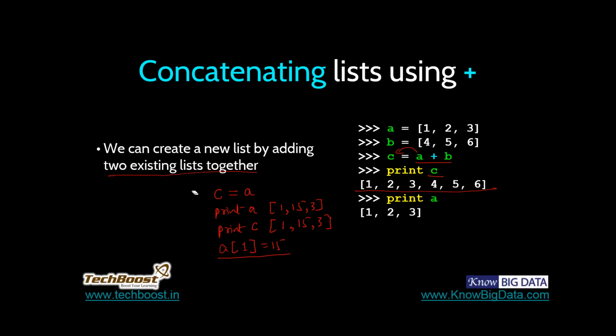Let me just make it more clear. So this is my first step, and as per the first thing you're saying, the output would be 1, 2, and 3 both. Now I try to do this. A of 1 is 15, and now I directly say print of A and print of C. So I think A is 1, 15, 3, and C is 1, 2, 3. C is 1, 2, and 3. So this is correct, right?